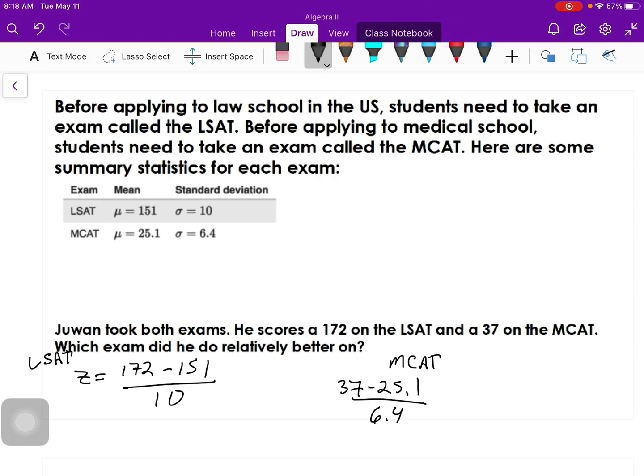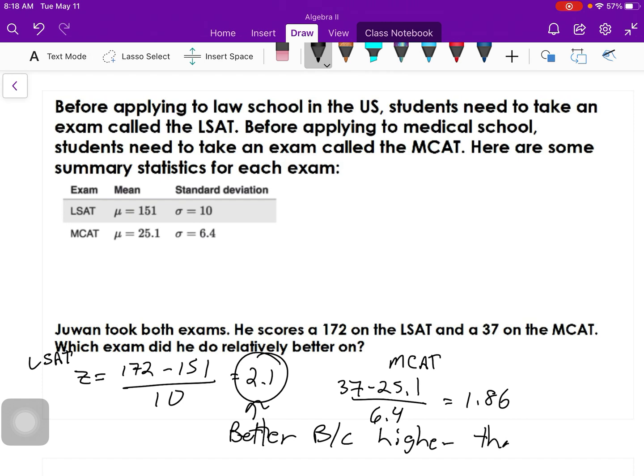Because you got one value that's in the hundreds, so z-score here for this one 2.1. You got another value that's in the tens. It's kind of difficult to compare them until you knock them down into a common way of comparing. So those are the two z-scores. He did better because this is higher than the mean by more standard deviations.